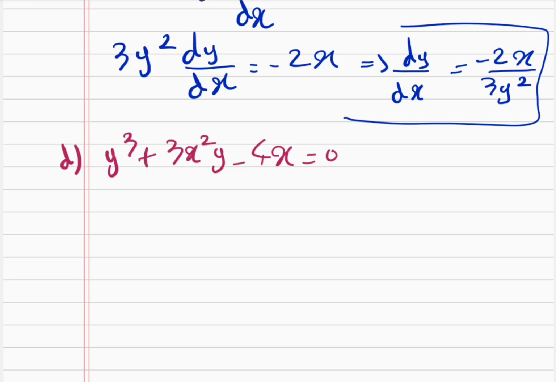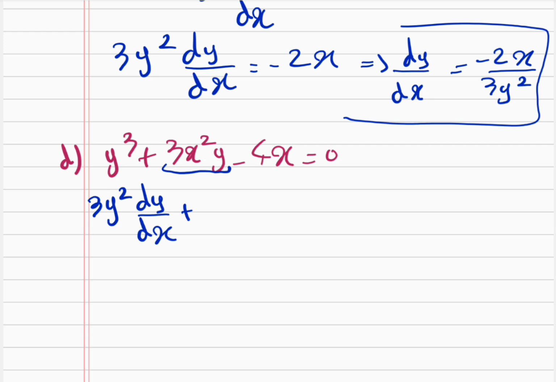All right, so we have y cubed. Again, we differentiate that as usual, which is 3y squared, but we always write a dy/dx term whenever we differentiate the dependent variable. Now here is something very interesting. The next term is 3x squared y. Remember that this is actually the product rule, because you have two different functions: one is 3x squared and the other is y.